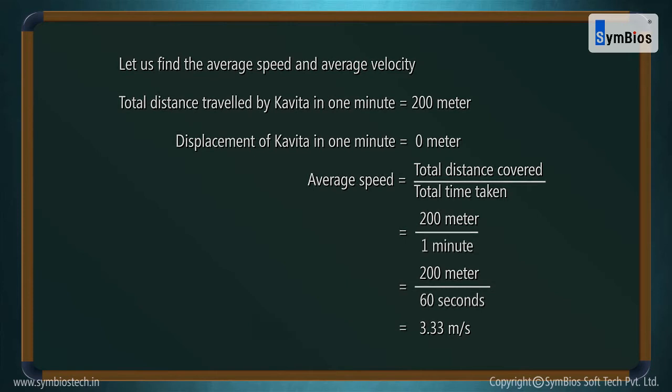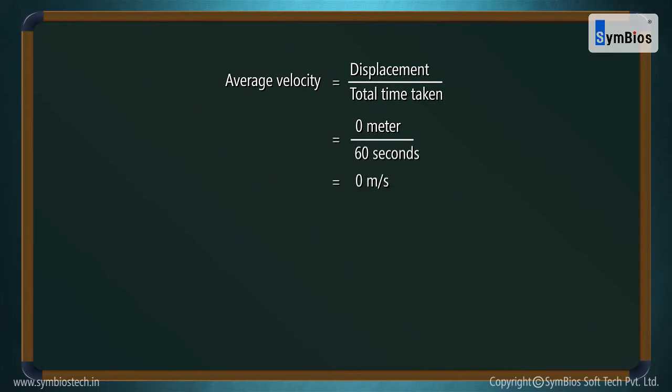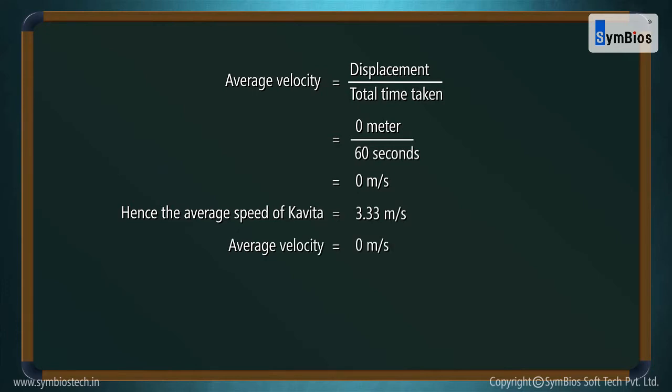Average velocity is equal to displacement by total time taken, which is equal to 0 meters by 60 seconds, which is equal to 0 meters per second. Hence, the average speed of Kavita is 3.33 meters per second and average velocity is 0 meters per second.